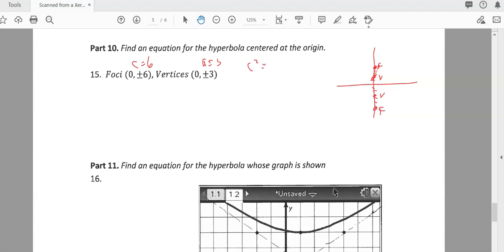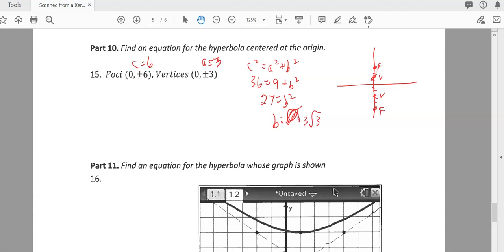c squared equals a squared plus b squared. So 36 equals 9 plus b squared. So 27 equals b squared. So b equals square root of 27, or let's see, that would be 3 root 3, plus or minus.